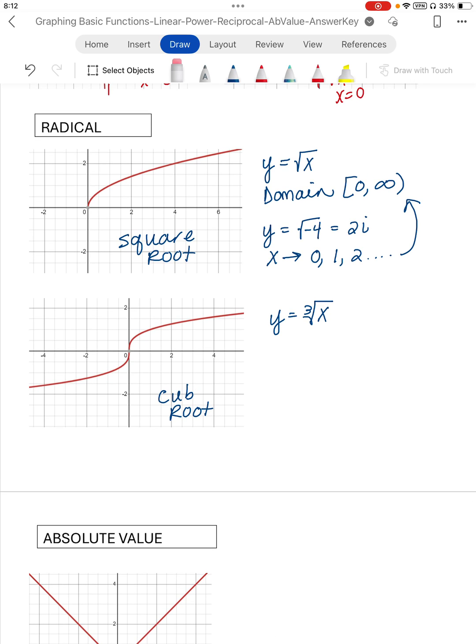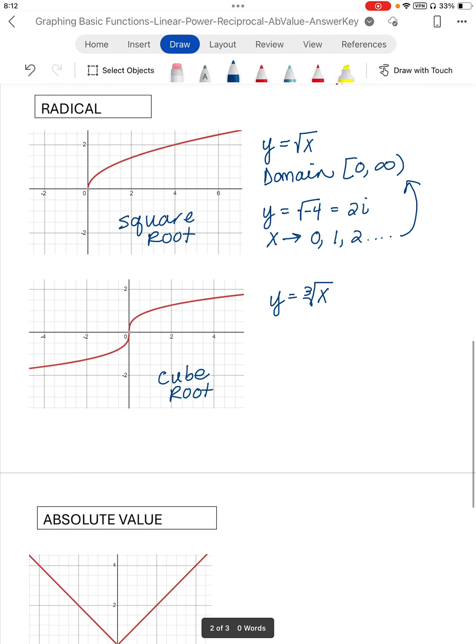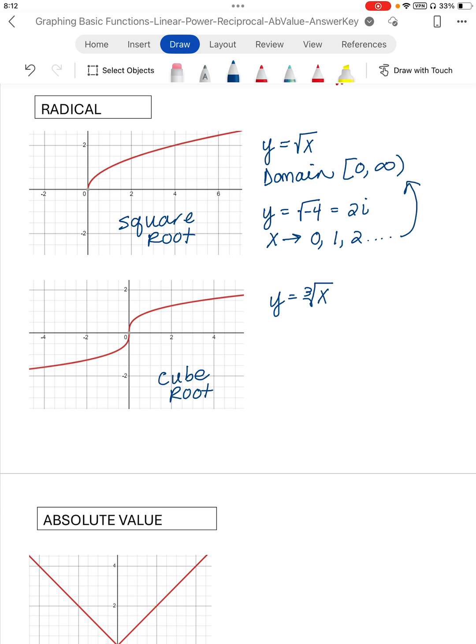I think most people would say cube, so let me just write it that way. And if you take the square root and you just sort of add another side to it across, flip it and add it to the other side of the axis, you would have this cube root function.